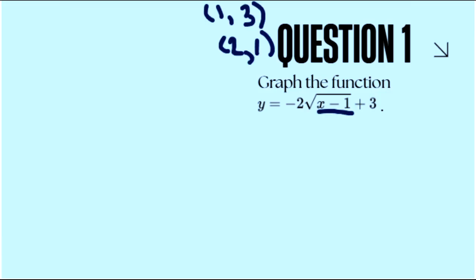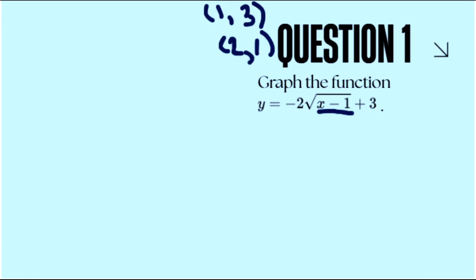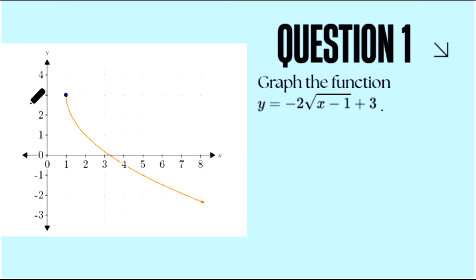So our first point is 1, 3, which is going to be right there, and that's our starting point. And our second point is 2, 1, which is going to be right there. And we knew that this was going to be decreasing, because this is negative. So this all makes sense.